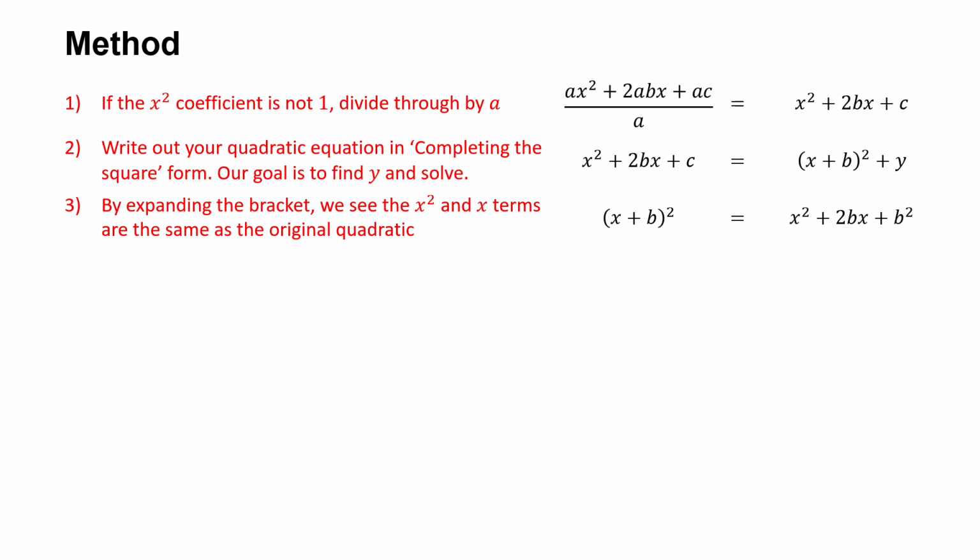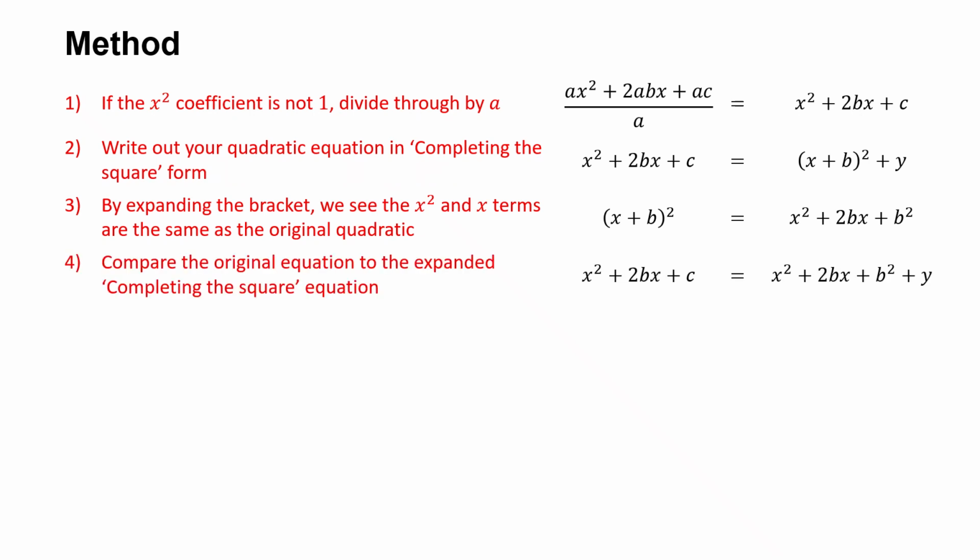Well, we get x squared plus bx plus bx plus b squared, which simplified is x squared plus 2bx plus b squared. Now, you'll notice that this is fairly similar to the original equation we had after we divided through by a. The only difference are these last two terms. Originally we had plus c at the end, and now we've got plus b squared.